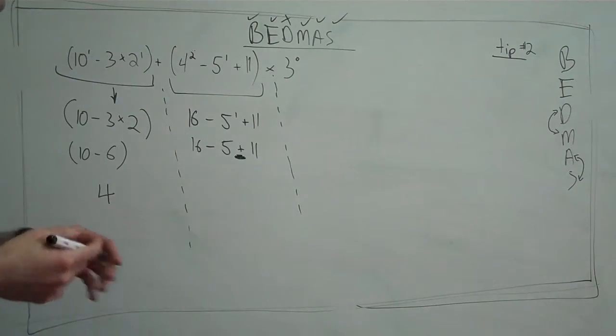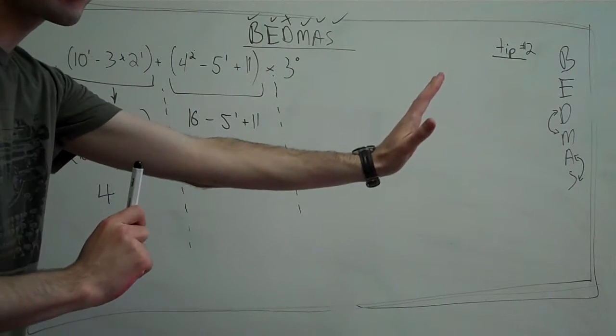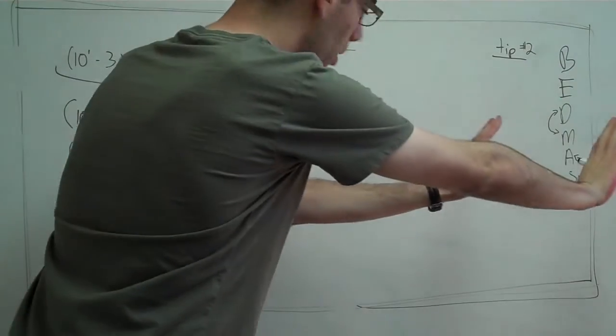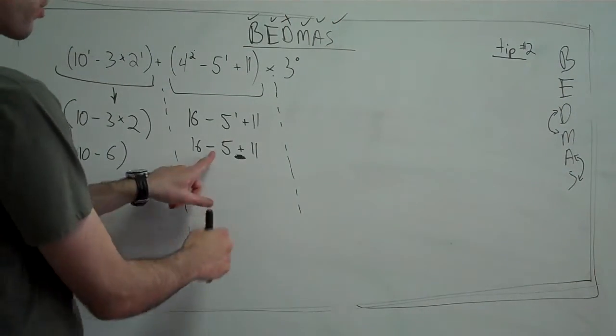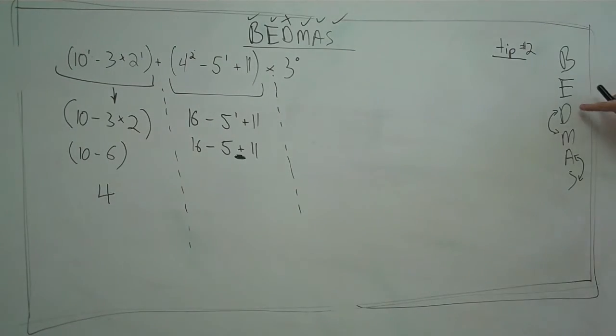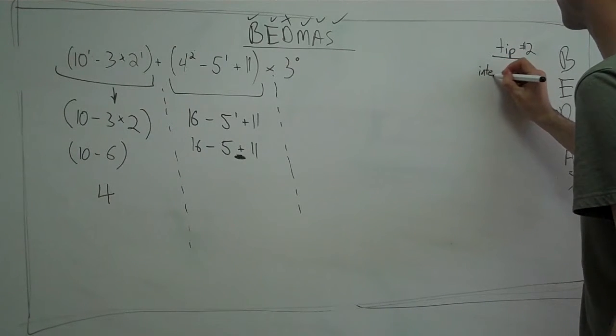Now, you can't just choose any one you want to do. You have to go left to right. You have to go from this side of the equation to that side of the equation if you're only left with subtraction and addition, or if you're only left with division and multiplication. So tip number 2 is interchangeable signs.